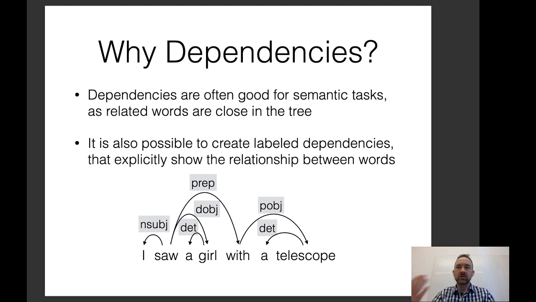You could write rules over a dependency structure that allow you to extract subjects and objects of verbs or something like this. And you can create labeled dependencies like this that explicitly tell you that I is the subject of saw, or girl is the object of saw, and this prepositional phrase connects to saw, for example.